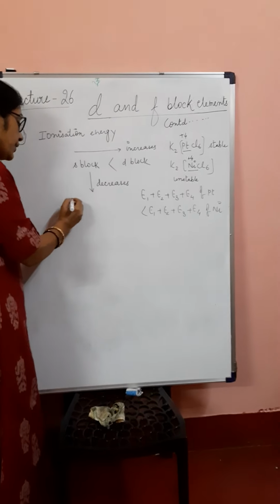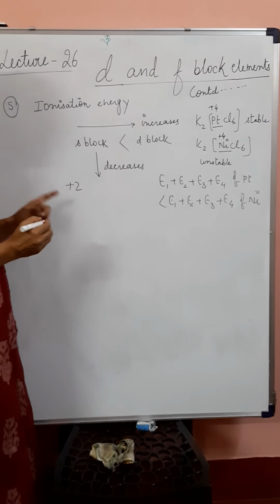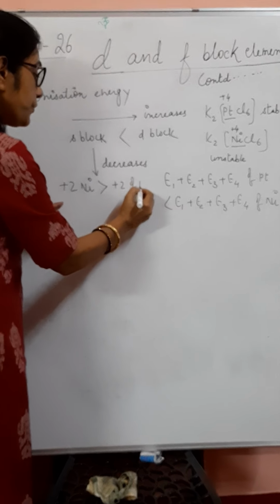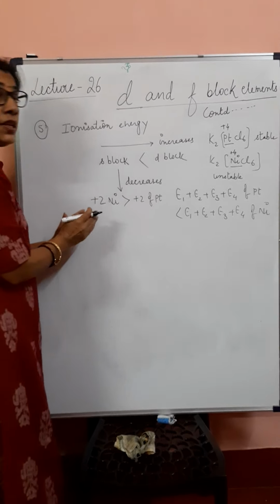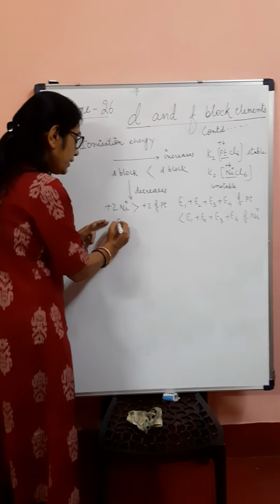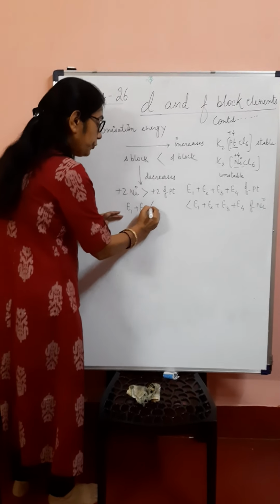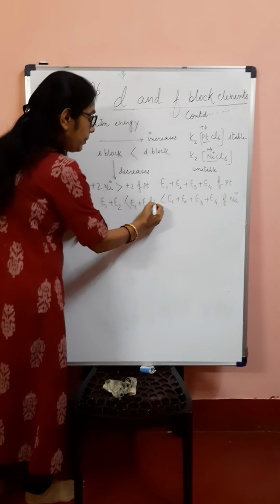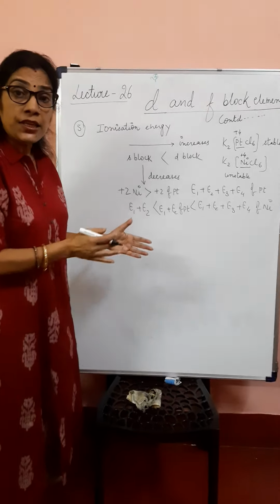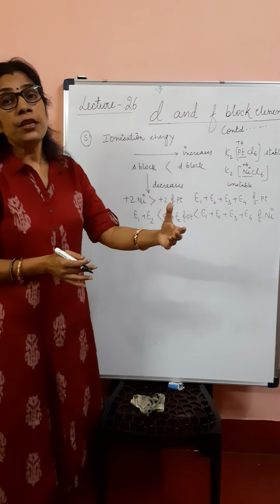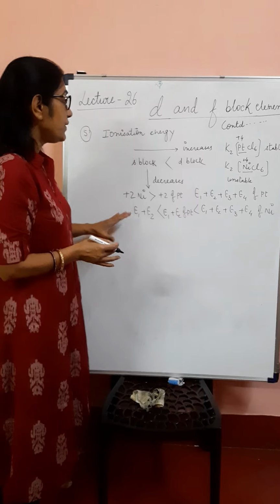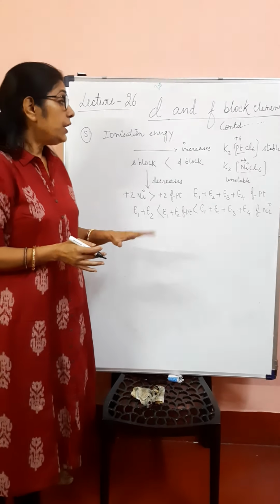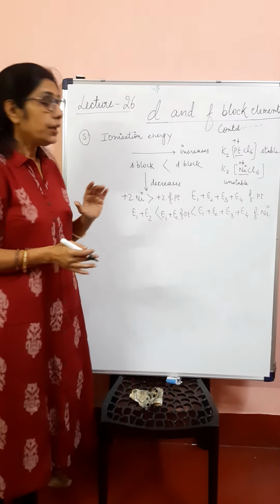But if you consider the +2 oxidation state, then +2 of nickel is more stable than +2 of platinum. How does this happen? Because in nickel, E1 plus E2 is less as compared to the E1 plus E2 of platinum. So the lower the ionization energy, the more stable is the oxidation state, and vice versa. Therefore ionization energy plays a vital role in explaining the stability of the compounds.